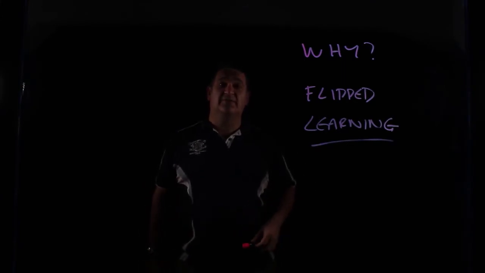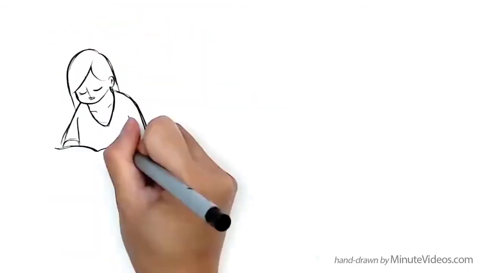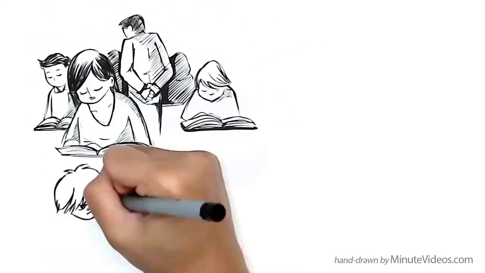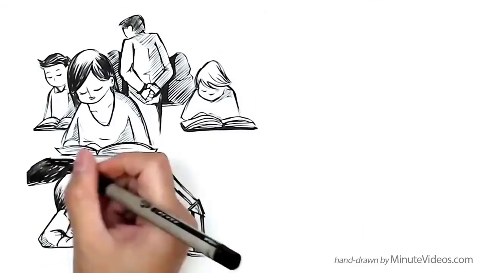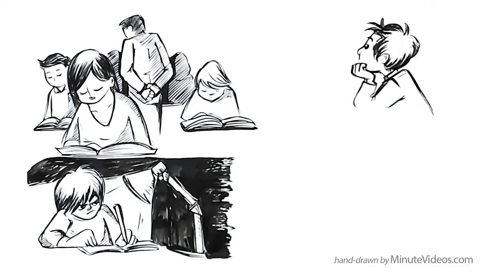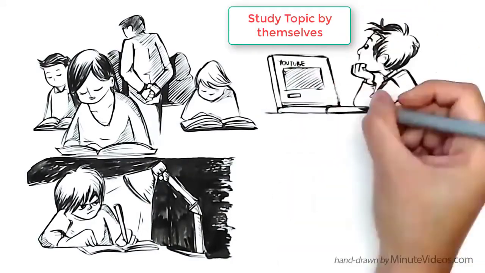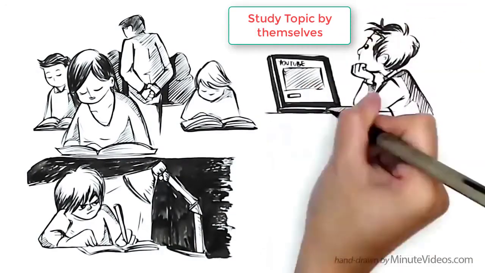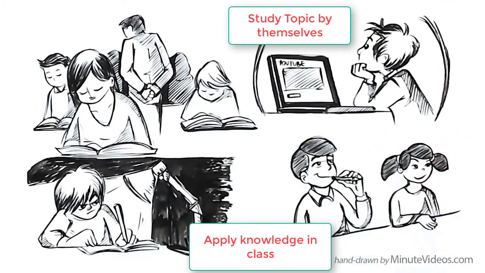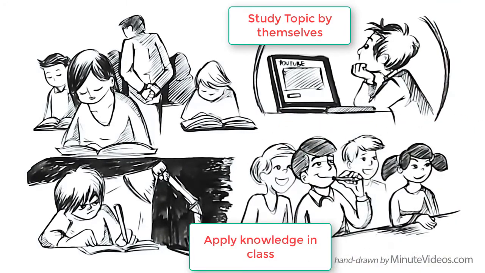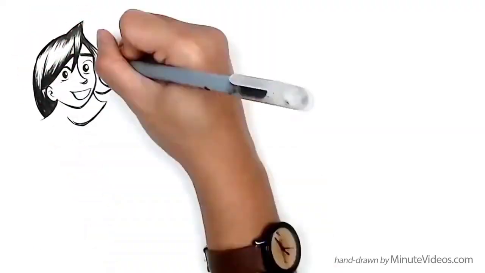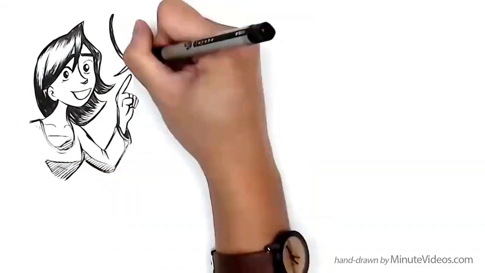Why do we want to do flipped learning? Traditionally, students listen to lectures and take tests in class, and read textbooks and work on problem sets at home. In flipped teaching, students first study the topic by themselves, typically using video lessons on YouTube, and then apply the knowledge by solving problems and doing practical work in class. Modern schools who flipped their classroom report many benefits. 1.